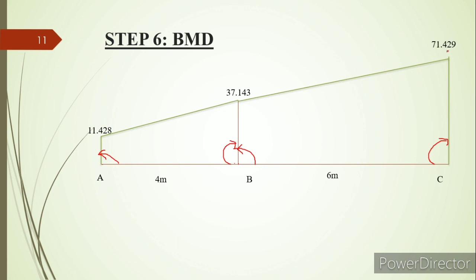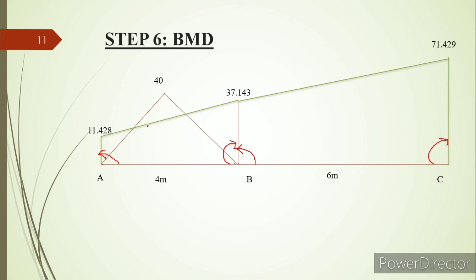Then there is an additional moment due to the external loads. So the total net bending moment diagram will be the bending moment diagram due to this end moment and the bending moment diagram due to external loading. So draw the bending moment diagram due to external loading. In the previous step we already calculated that for span AB a concentrated load is acting, hence the bending moment diagram will be triangular with a maximum ordinate of 40 kilonewton meter under the load.